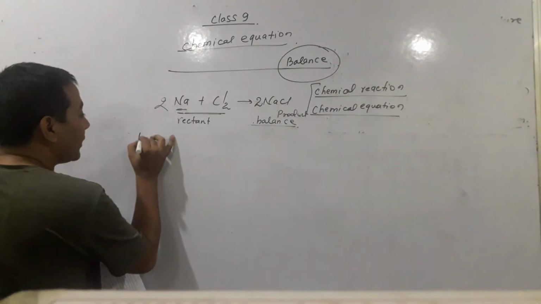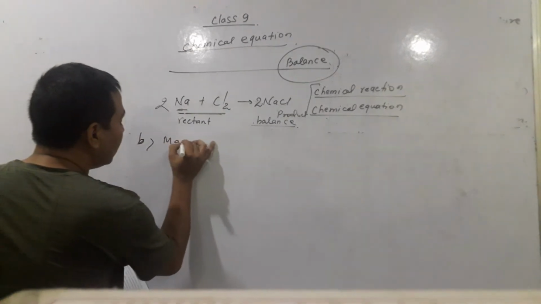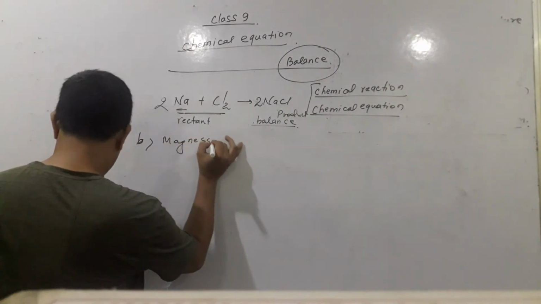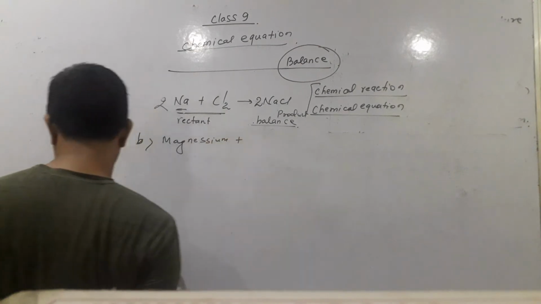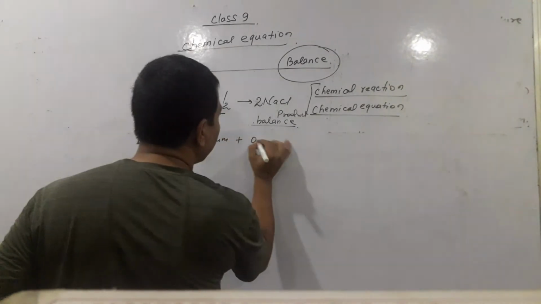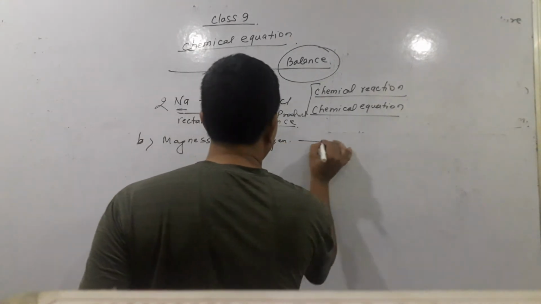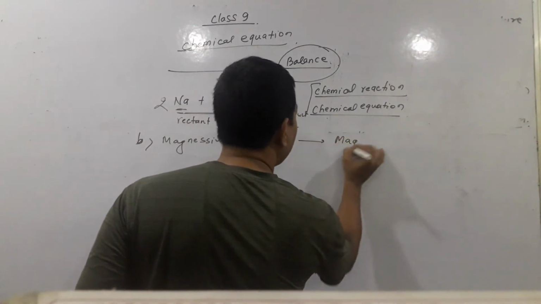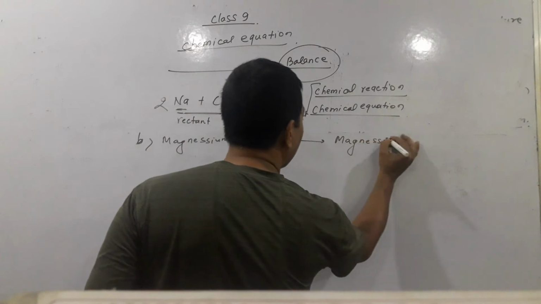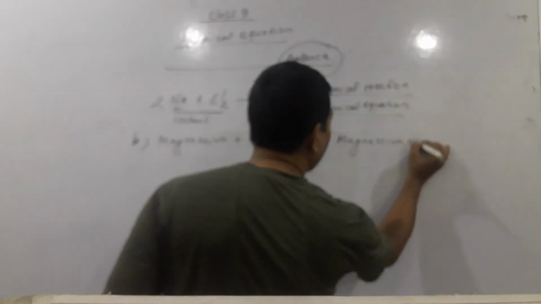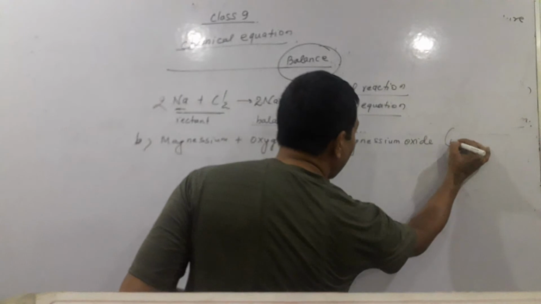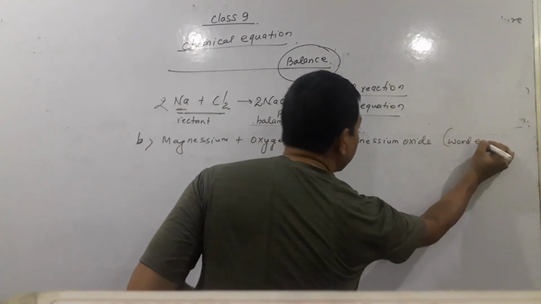Number B. Magnesium reacts with oxygen. When it reacts, it gives magnesium oxide. This is called a word equation.